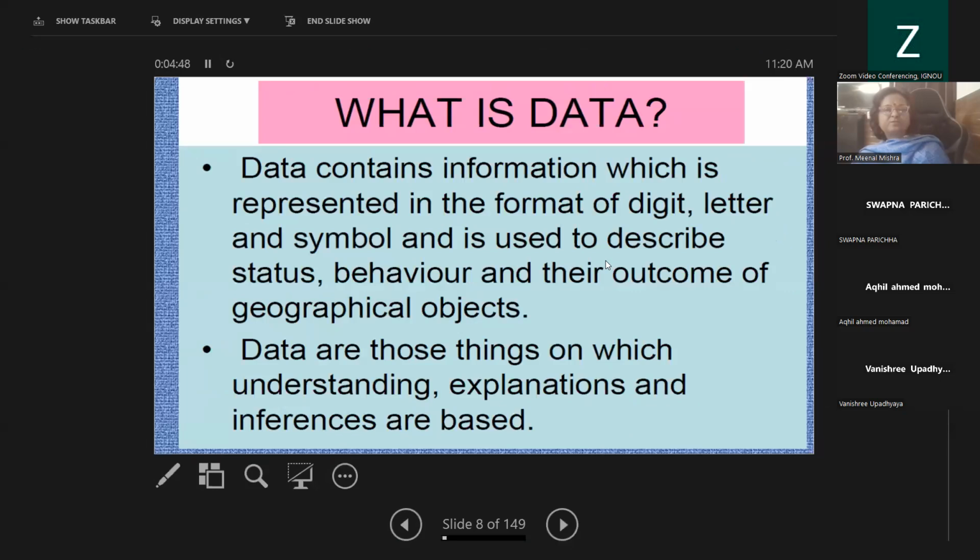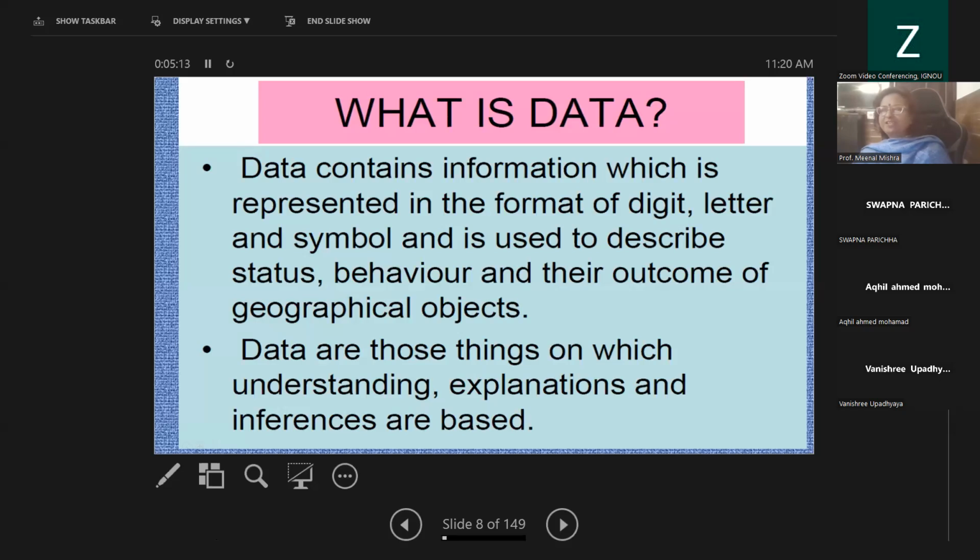But in the PG Diploma program, these are divided into two different units: one unit for sources of raster data, one unit for sources of vector data, and then COTS and FOSS. So don't be confused, but you can listen to this madam's session and enjoy the session. All the best.